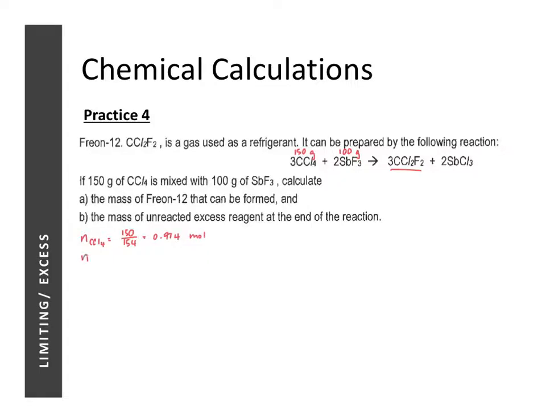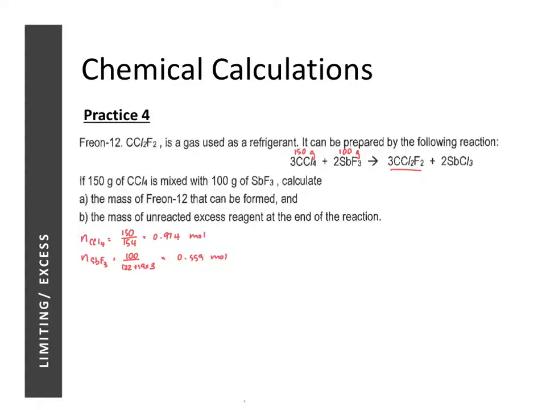Next, we need to find the number of moles of SbF3, which is equal to 100 divided by 122 plus 19 times 3, so that is 179, and we will have a value of 0.559 mole.